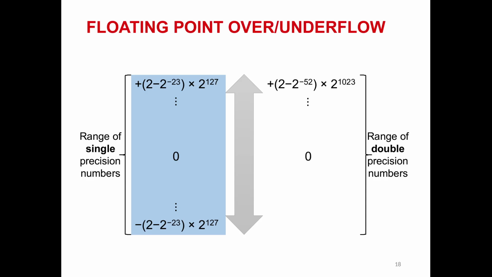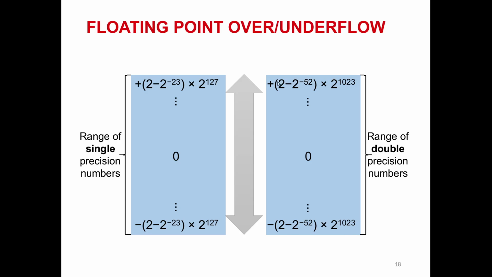Similarly, for the double precision number format, that value will be this. The biggest one is 2 minus 2 power minus 52 by 2 power 1023, and the smallest number in negative sign is minus 2 minus 2 power minus 52 by 2 power 1023.